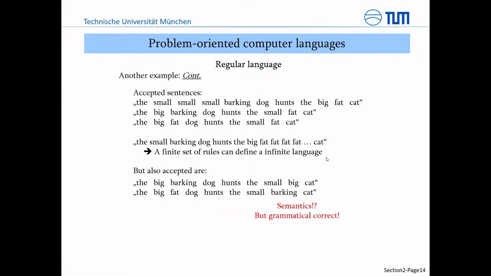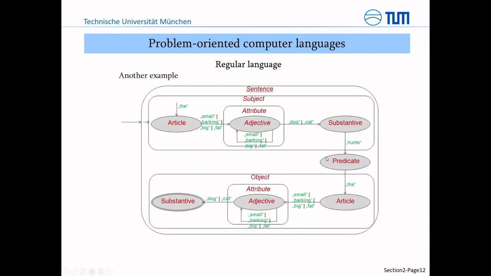So if we jump back, you see this again, so we have this feedback loop at the adjective state. With this we can create several infinite repeating situations, and therefore we can create with a finite set here.